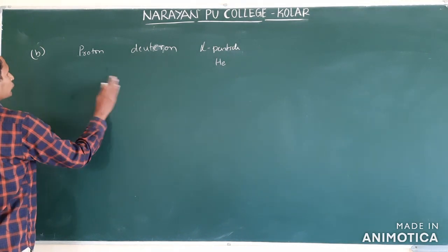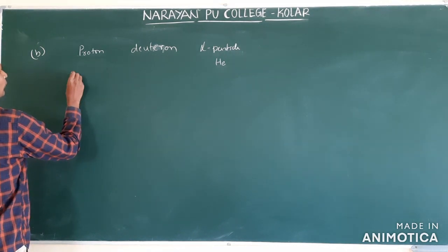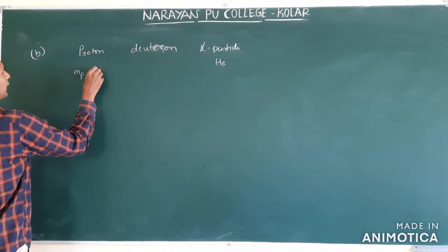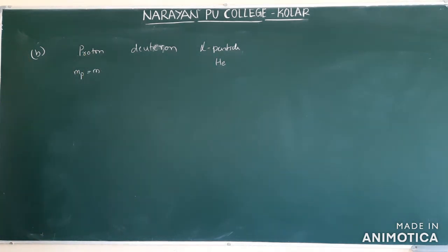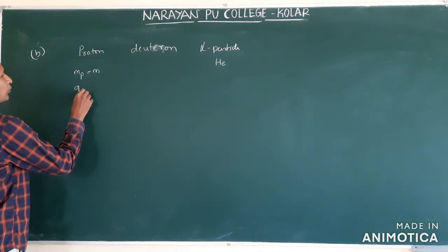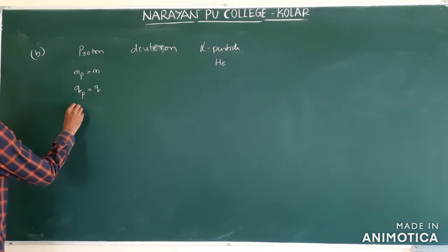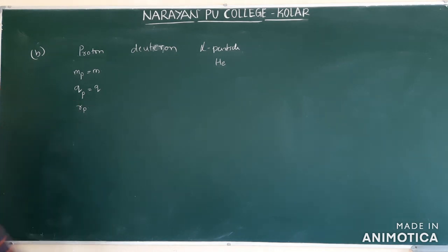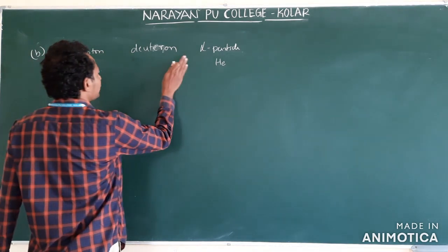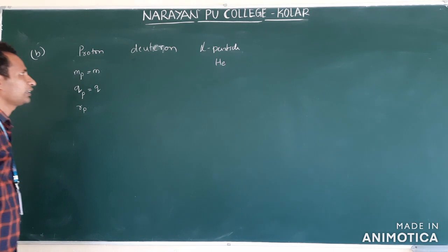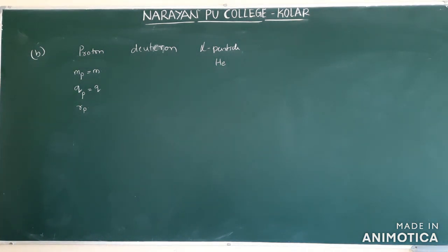Now, the mass of the proton, if we take it as m, we will write mass in terms of the proton. Okay? Mass of the proton is m. Let the charge of the proton Qp be Q. Next Rp, they mention R. Deuteron means, how many protons are there? 2 protons.